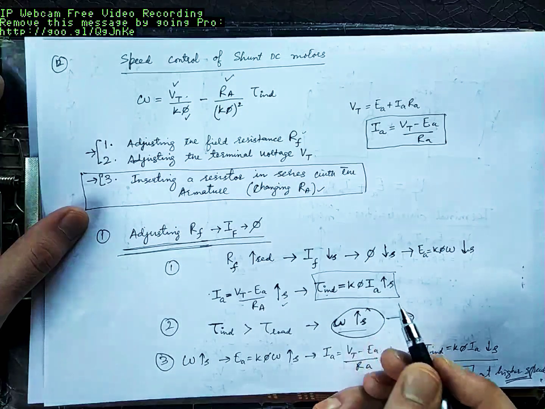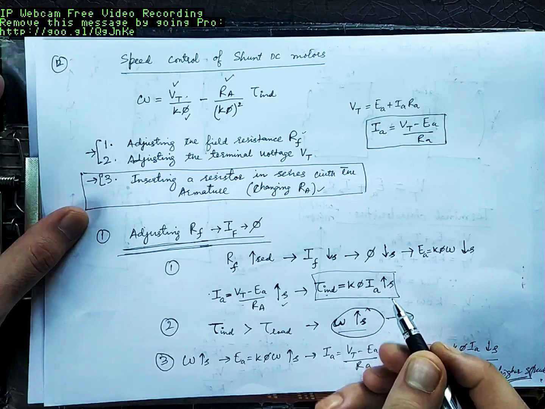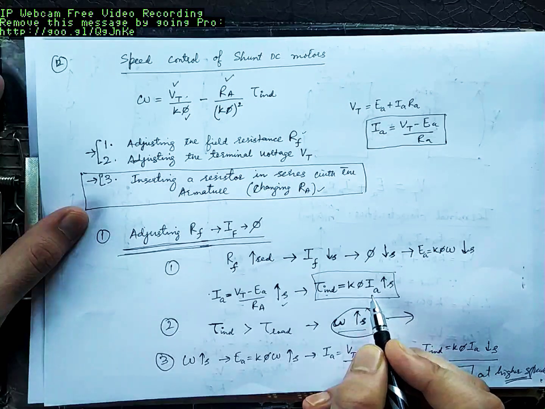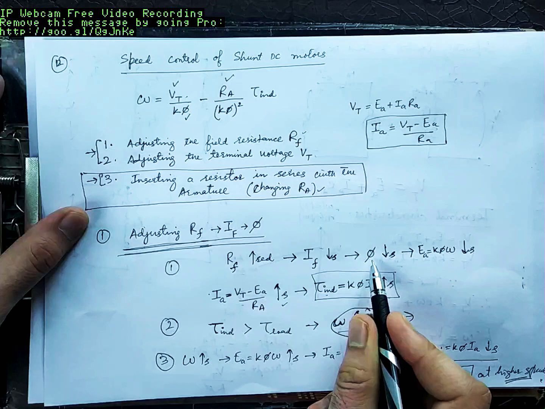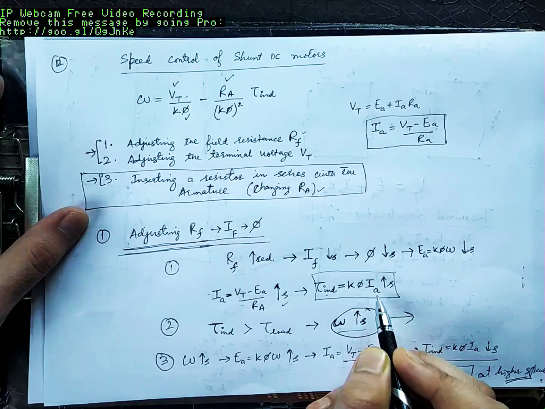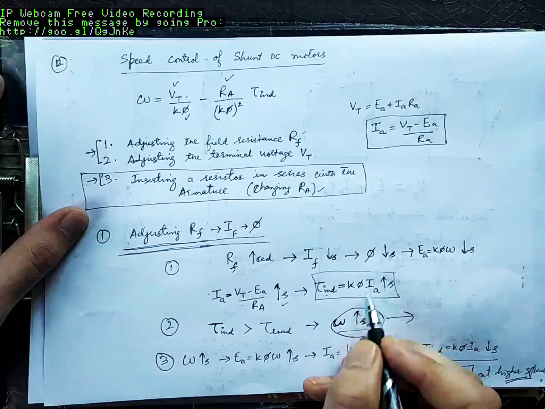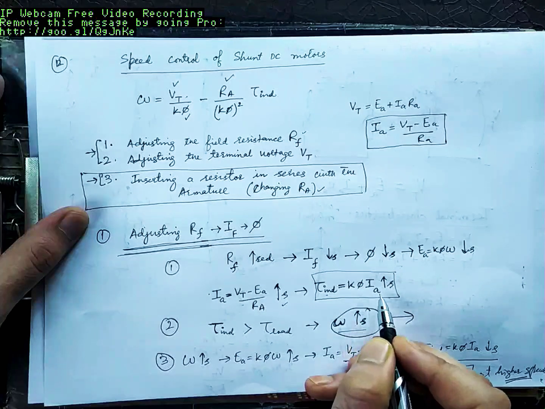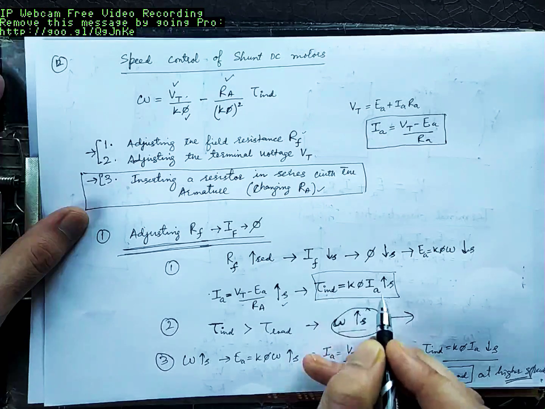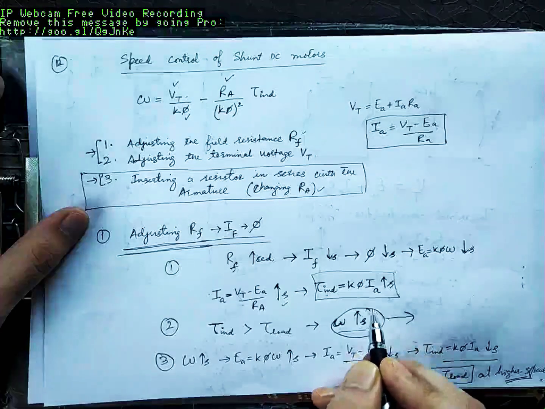We'll see in numericals that for 1% change in flux, the percentage change in current is much more. It's around 50% for a typical motor. That means if in a typical motor you are decreasing flux by 1%, the current will increase by 50%. So the overall effect on induced torque is that of the current. That is, induced torque will increase. Current will have a much more predominant effect than the flux.